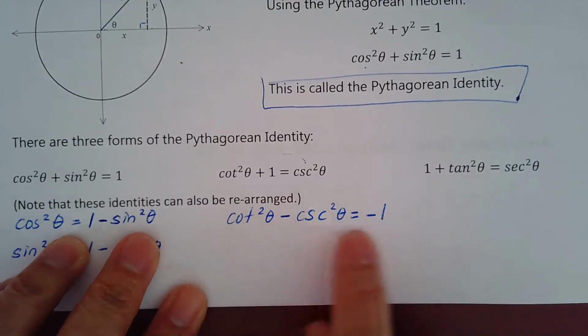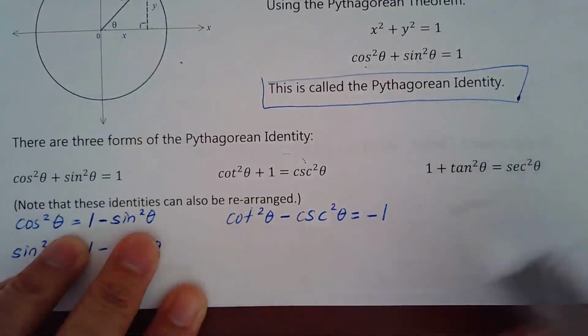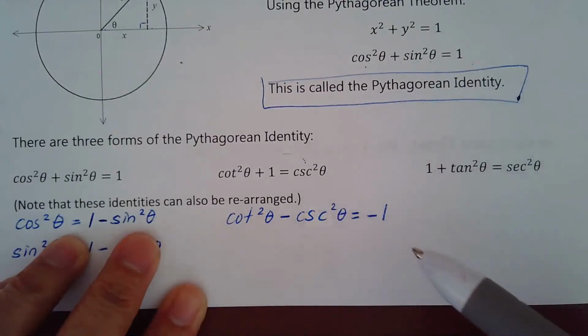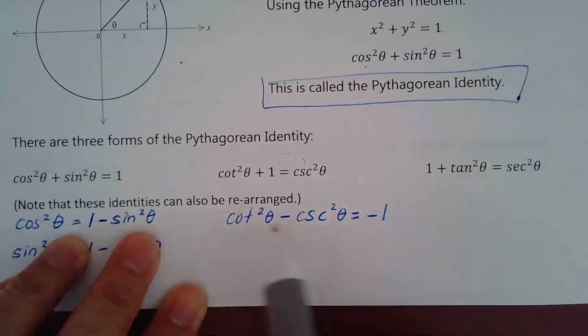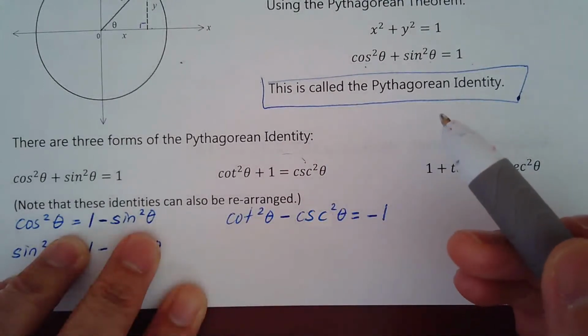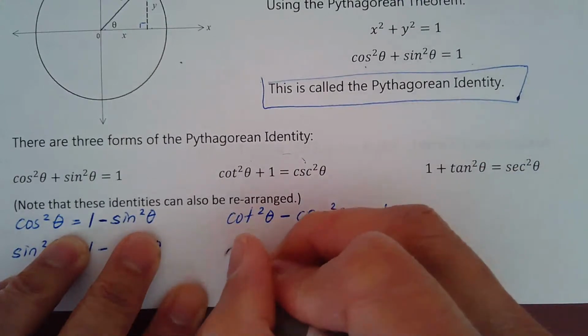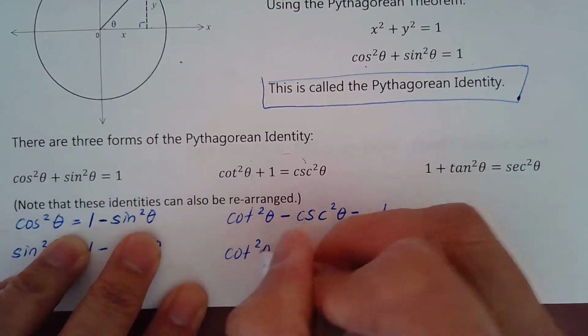I'll see if we could figure that out later, if we have time. And then what's the other version of that? We can just have the cotangent squared theta by itself.